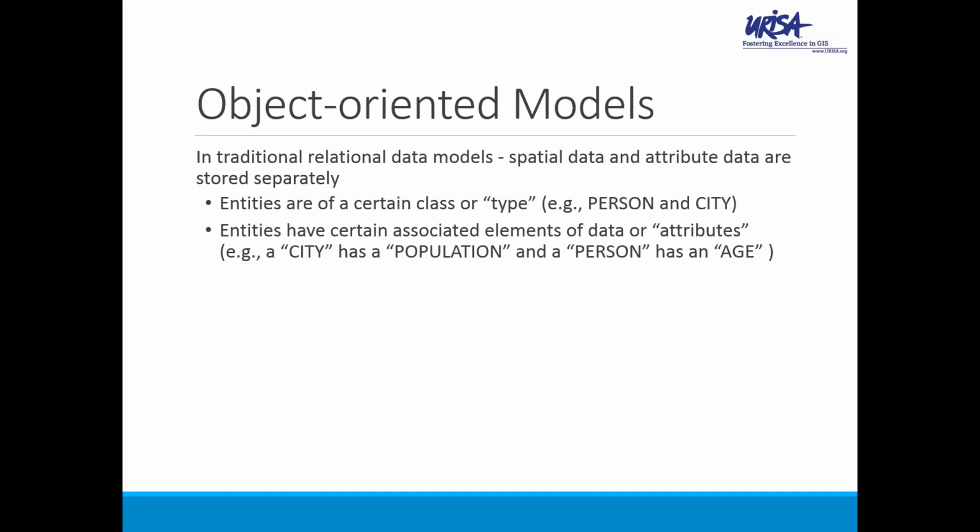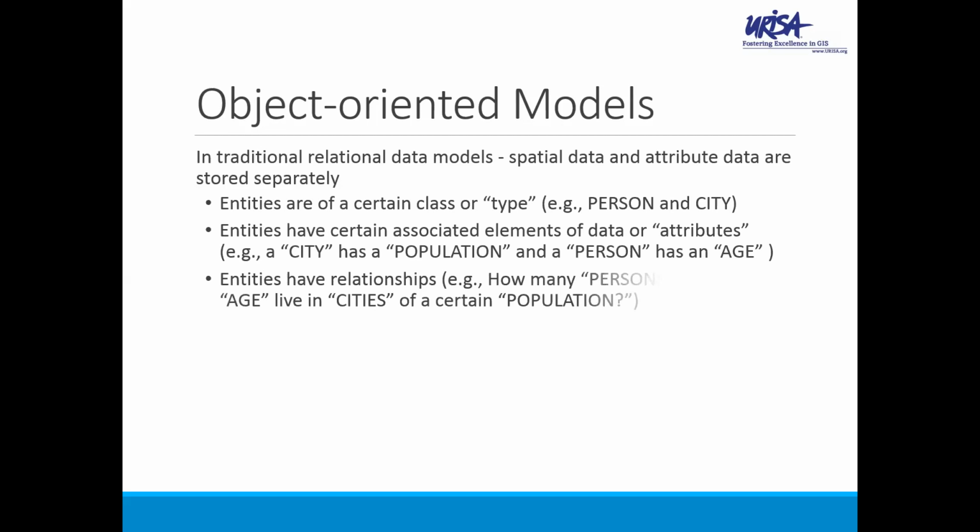So a person has an age, a city has a population. And then those entities have relationships between and amongst each other. How many people of a certain age live in a city having a certain population? And this is where relationships can be built, and we can really start doing some meaningful analysis of our data.